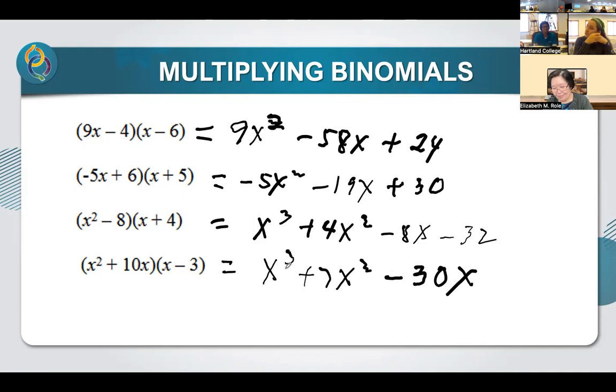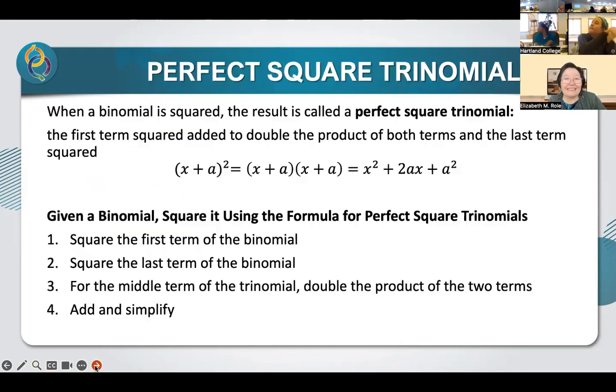So x cubed minus 7x squared, sorry for that, minus 30x. So that's it with FOIL. I hope the principle remains the same. It is still the distributive property.